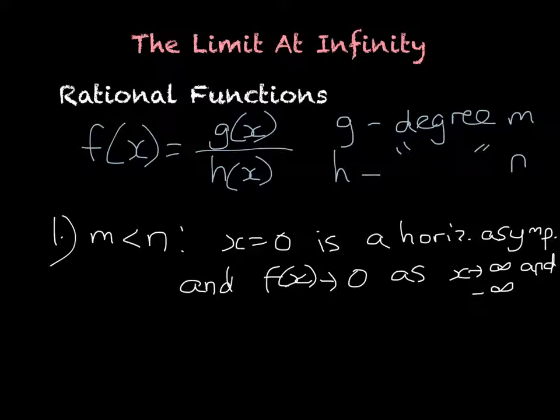The reason this happens is because as x increases to very, very large values, the polynomials g and h are dominated by the term with the highest order. This means that when we're trying to find the limiting values, we can only consider these terms.